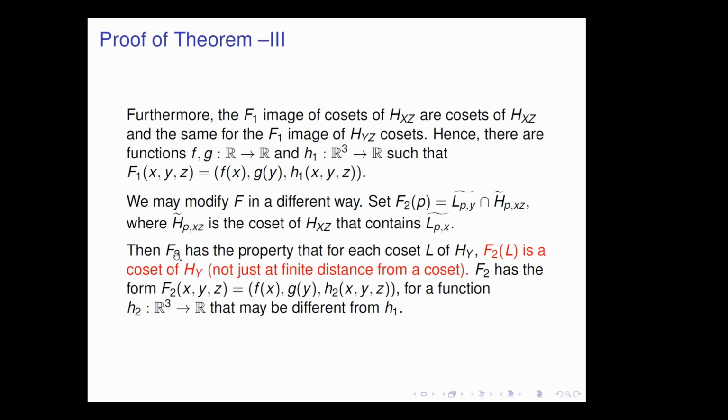Then this is similar to F1. So F2 has the property that for each coset of the y-axis, its image under F2 is again a coset of the y-axis. And similar to F1, F2 has a formula. The first two components have the same formula, but the third coordinate could be different.